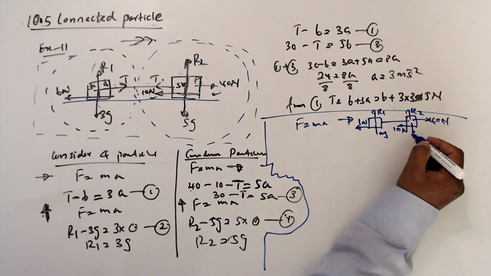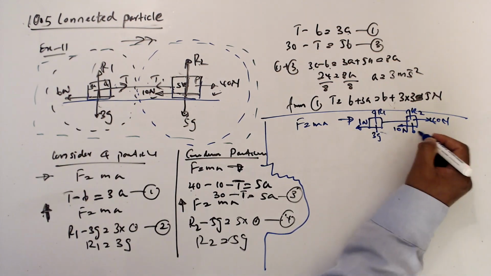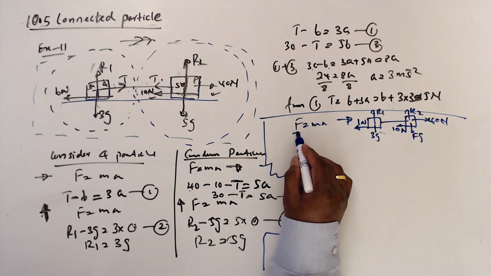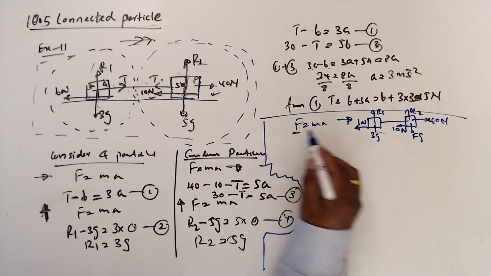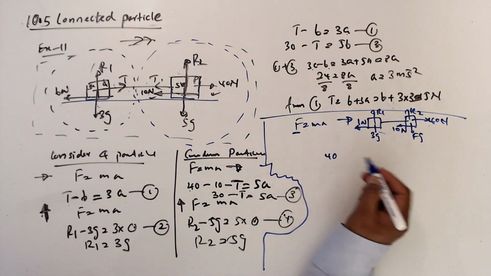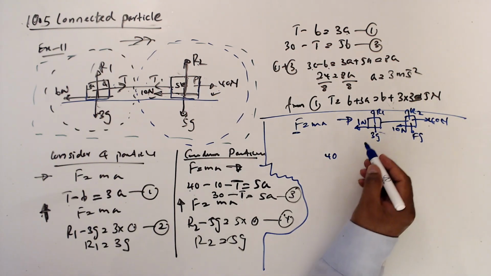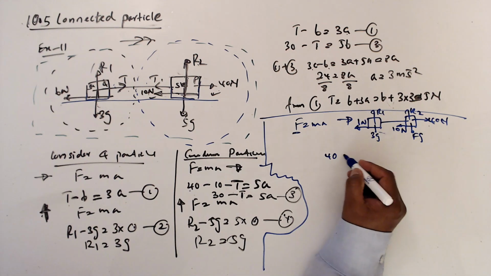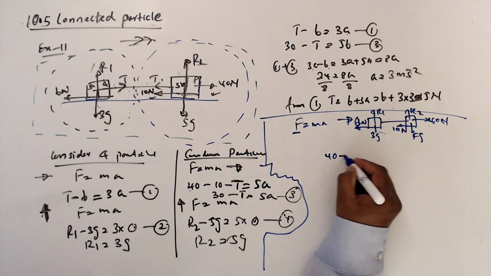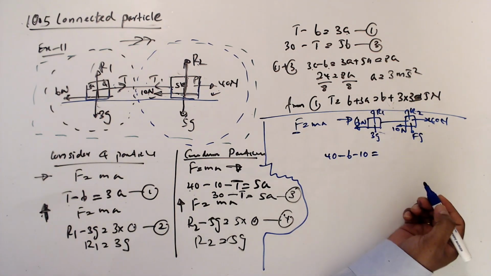Sorry, this is 2g, 3g, and this is 5g. So then forces. How many forces are there? In this direction, 40 is there. Any other forces in this direction? No. Then in this direction, there are two. One is 6 Newton, another 10, so minus 6 and minus 10 equals.